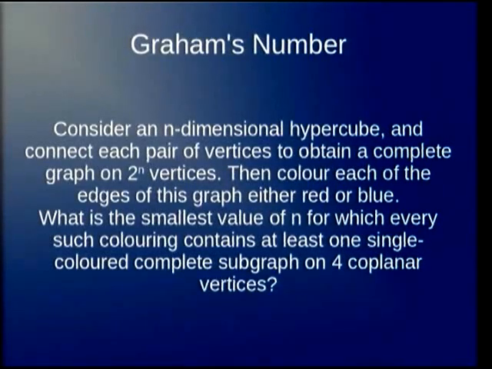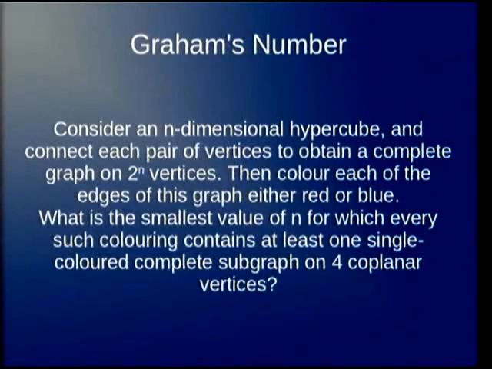You want to know, now we have a cube, we have a hypercube, which is a 4th dimensional cube, you have a 5th dimensional cube. How many dimensions of cube do you need before it is impossible to color the cube without having one face that's all the same color? You might think that, okay, what the heck is the use of that?